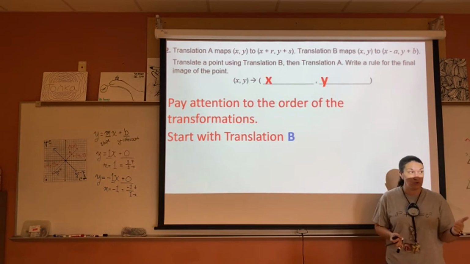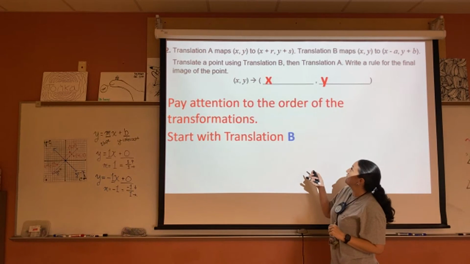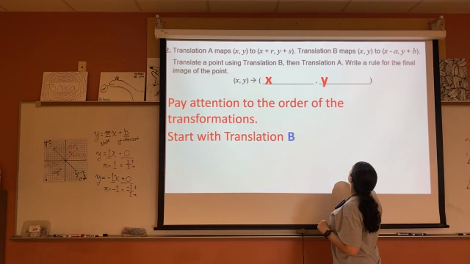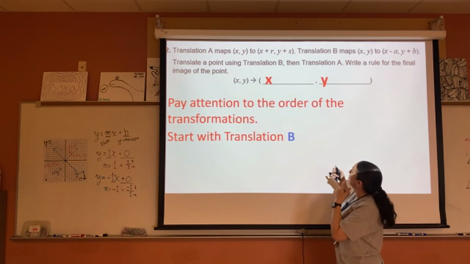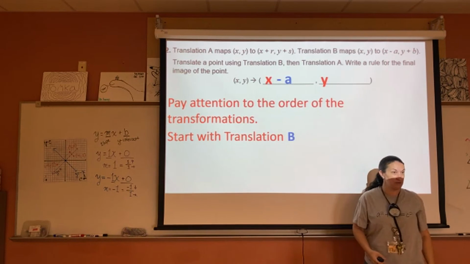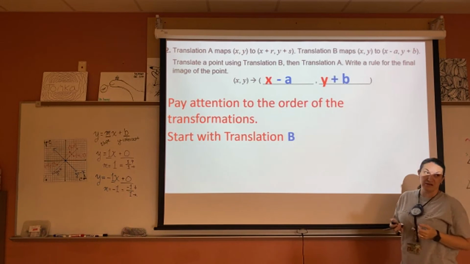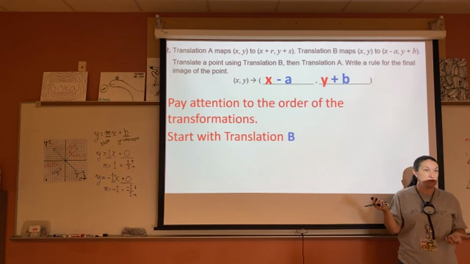We're trying to write a rule. What is happening to the X and Y? Well, if we follow translation B first, what's happening to the X? A is being subtracted. So what do we write? Plus A. What is happening to the Y value in translation B? B is being added. So you write that.